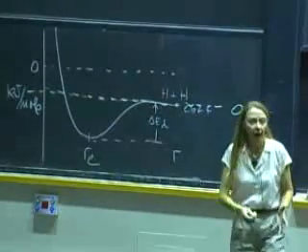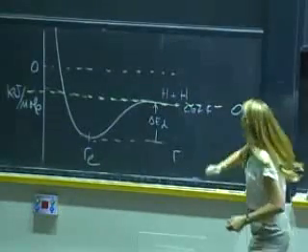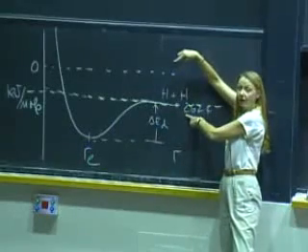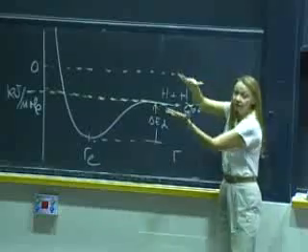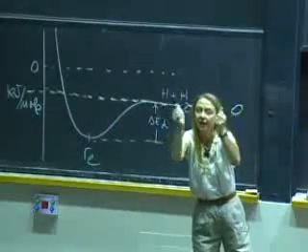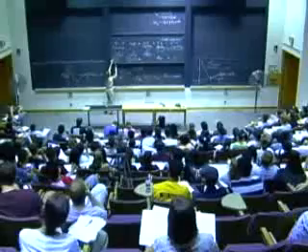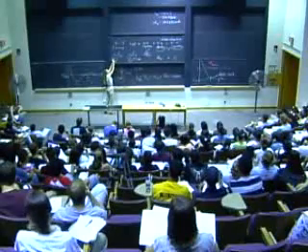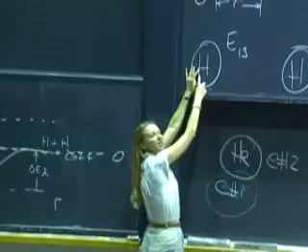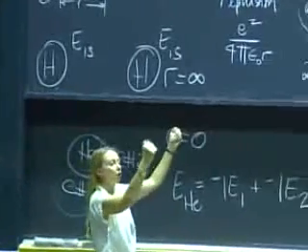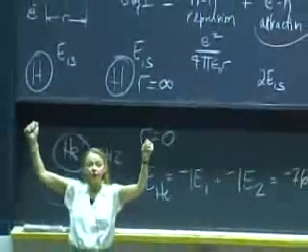Why do we do that? Well, we do that because this energy difference, the minus 2,624, was really the attractive interaction between the electron and its nucleus. It didn't have anything to do with the attraction or repulsion between the two atoms.